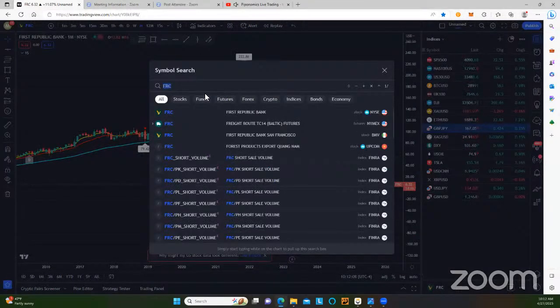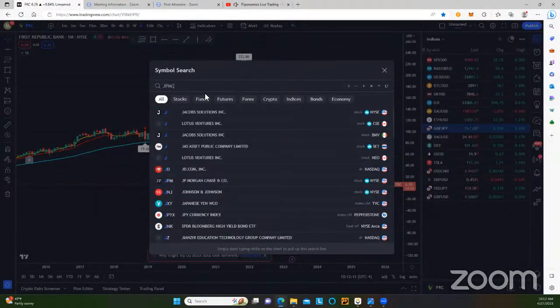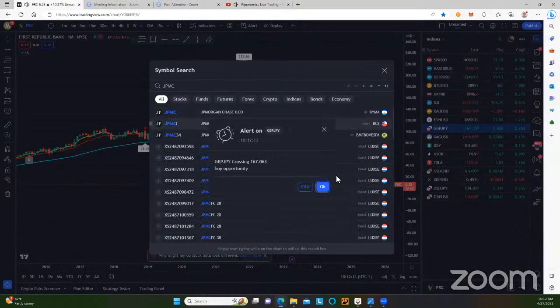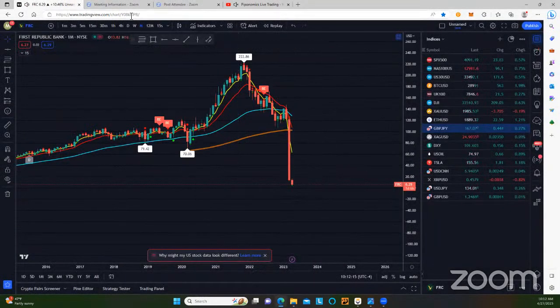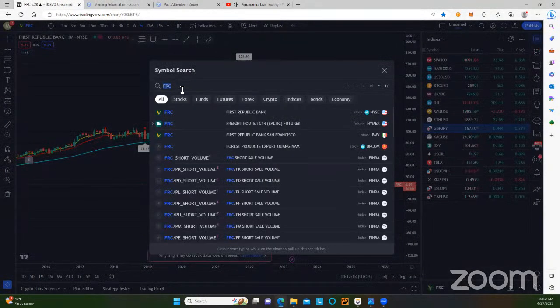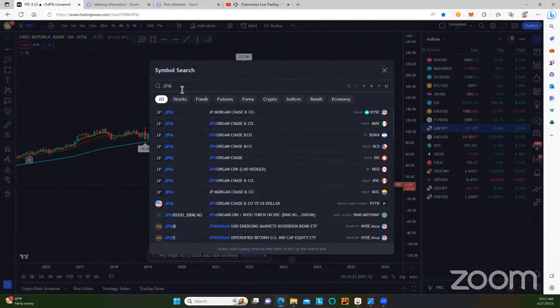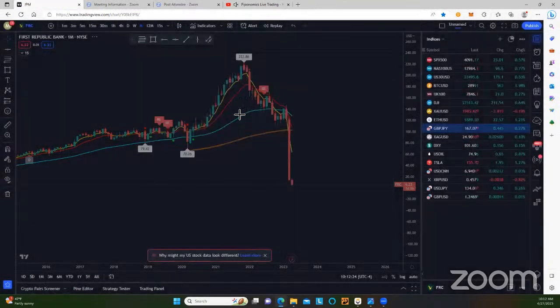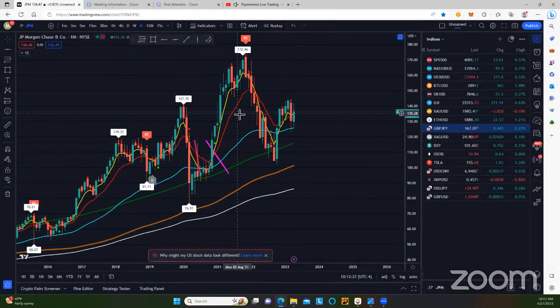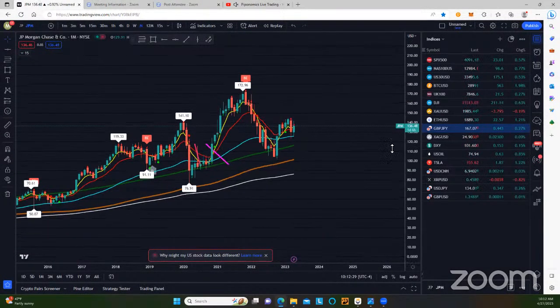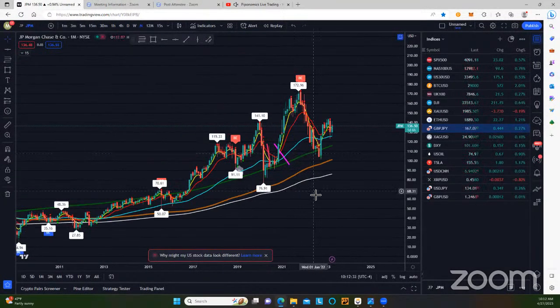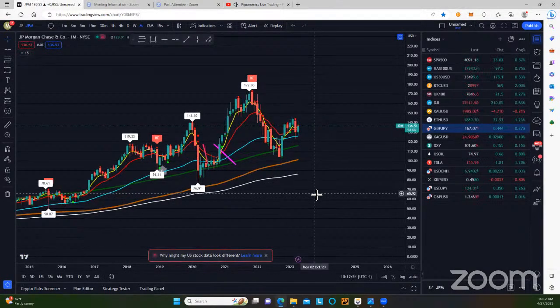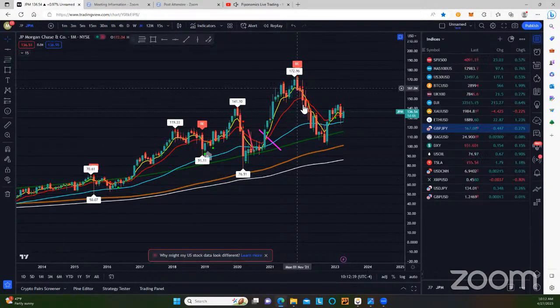Now, I don't want to believe it just as much as anybody else, but I want to see what's happening with JP Morgan Chase too. Okay. It's not as much of a drop off as anything else. I believe JP Morgan is definitely a strong bank, but wow, you still see a lot more red than you do see green.